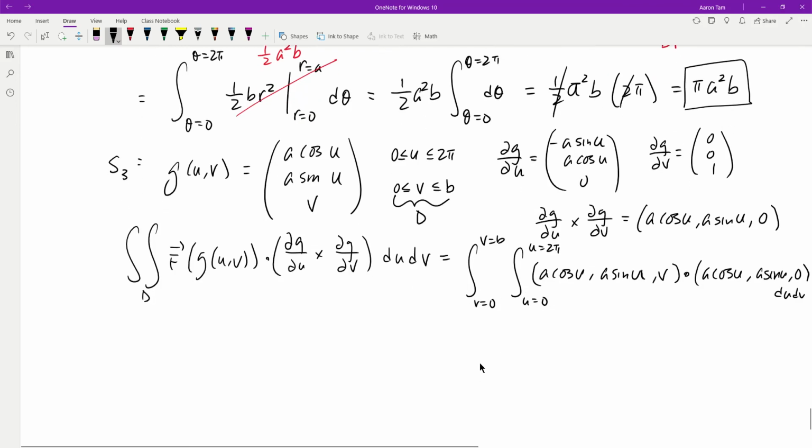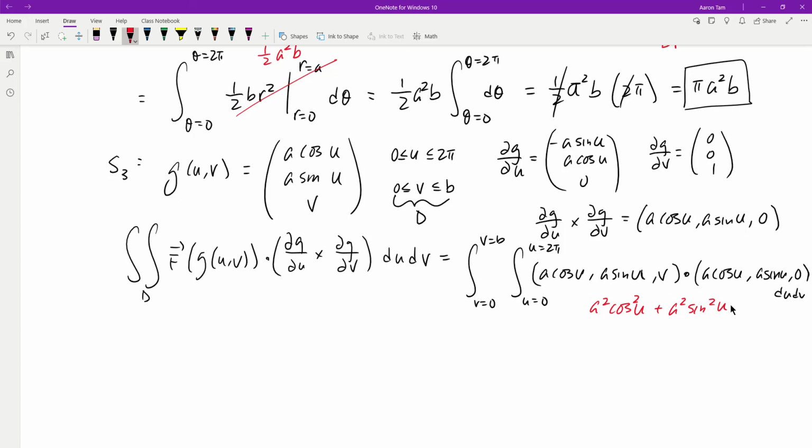If you look at this dot product, it comes out to be a squared cosine squared u plus a squared sine squared u plus 0, of course. It's not the first time we've encountered this Pythagorean identity; we've seen it almost every video in the last couple, like 10 times.